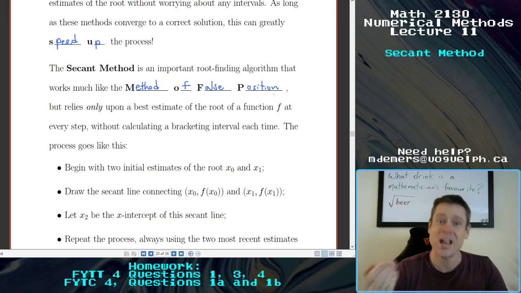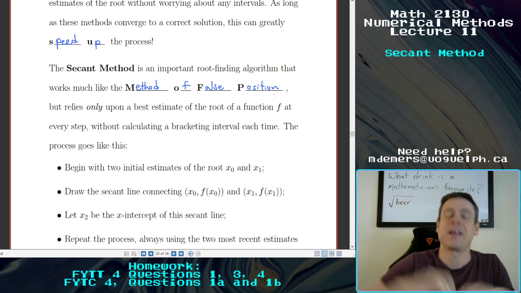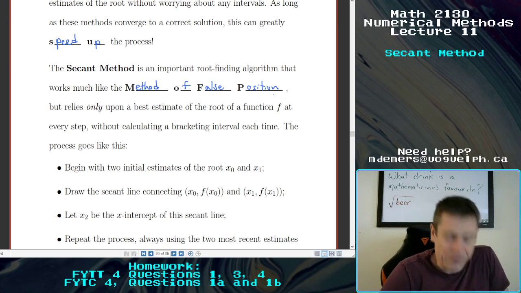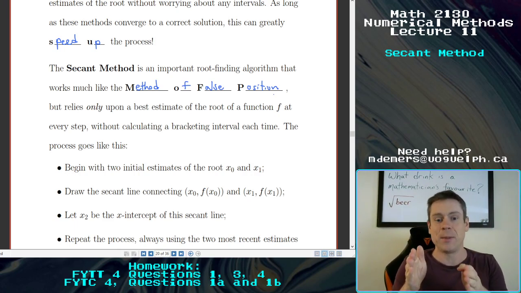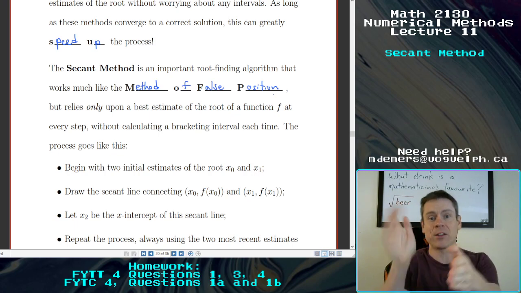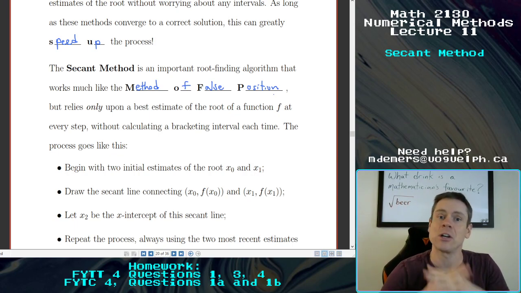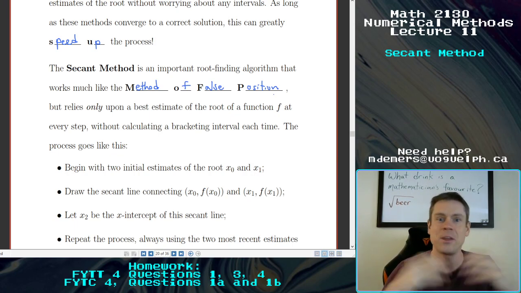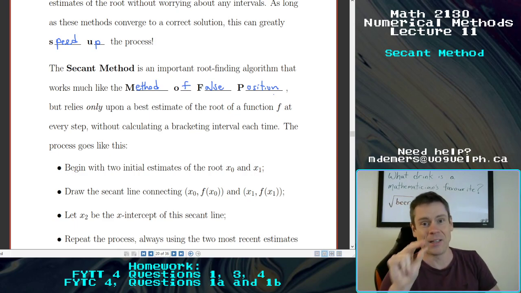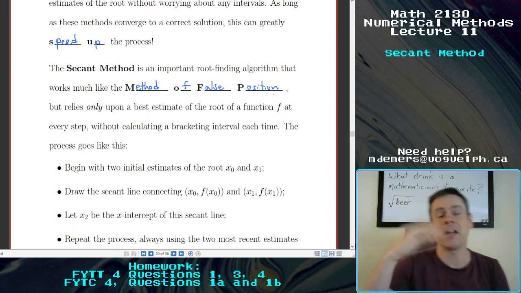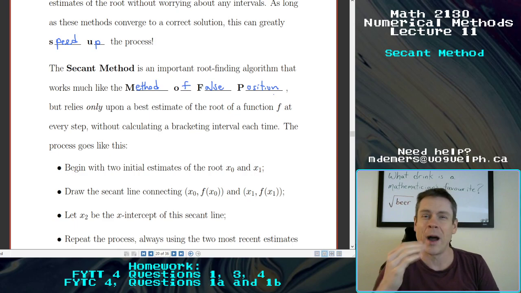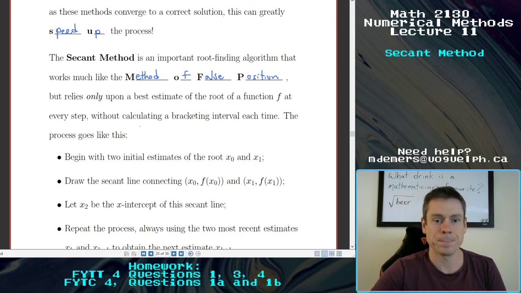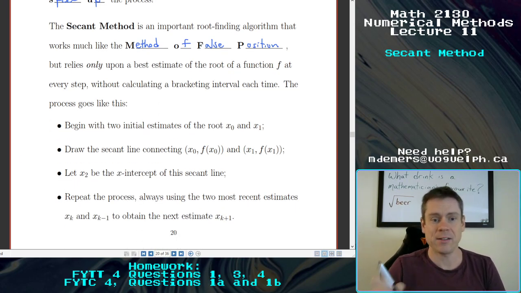Because we don't check, that helps to speed up the calculations a lot. The difference is that we need two initial estimates of the root, x0 and x1, to start with. You've got to make sure that they're close enough to the root, or the method might not converge. That's a little bit different than what we're used to, but I'm going to show you very directly why that might be.